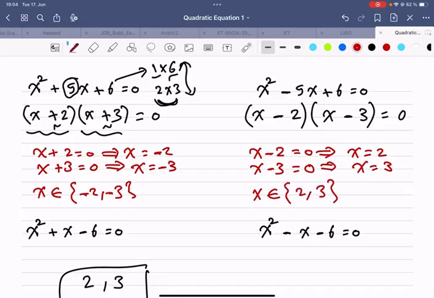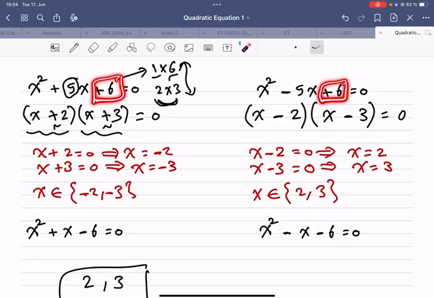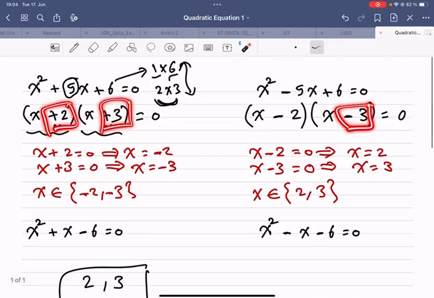So from here we can deduce this note: if the last term is positive, this means that either the two numbers are positive or both are negative. This is the main story here.